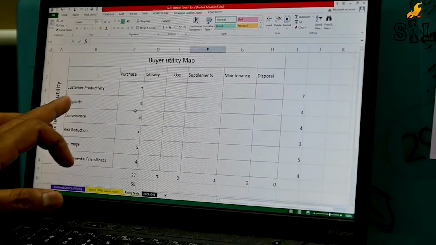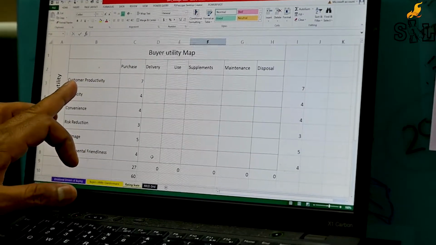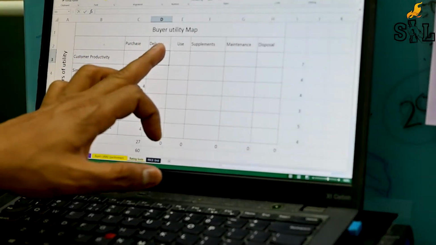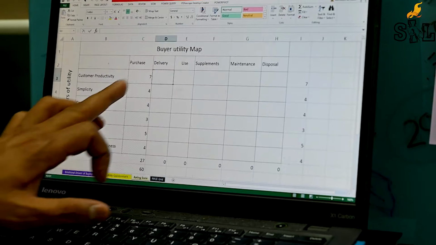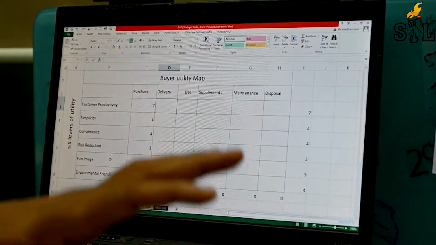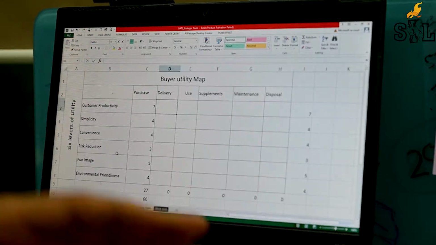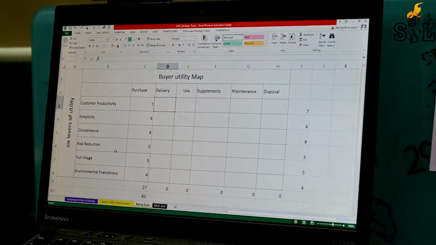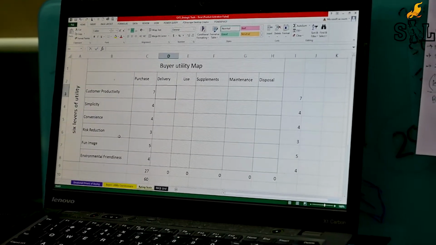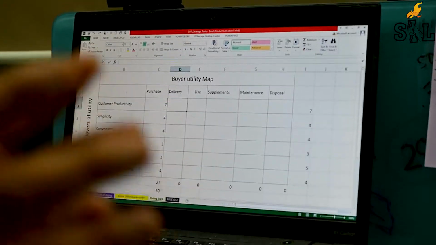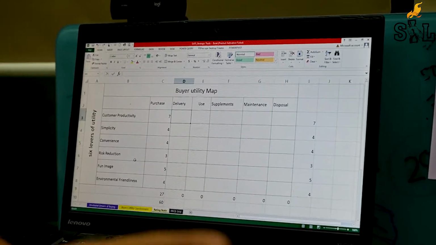You can actually do it the same way. So now you say customer productivity versus delivery, simplicity versus delivery, convenience versus delivery, risk reduction versus delivery. You will find that anything below 6 should be a part of your agenda in the next 365 days. It is extremely important that you build your strategy based on your customer, his requirements and his experiences.